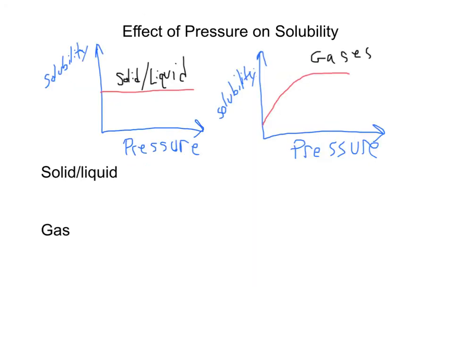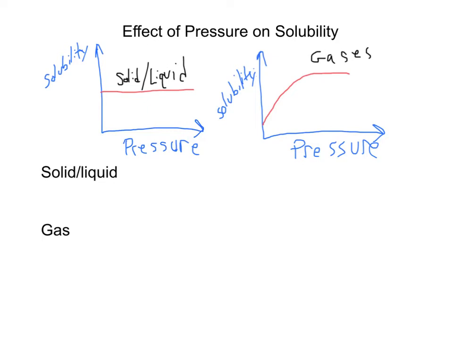Now that we've taken a look at temperature, let's look at the effect of pressure on solubility. Pressure, how hard the gas above a liquid is pushing down on that liquid, does have an effect, but you can see that the effect is different for solids and liquids dissolved in a liquid solvent than it is for gases.